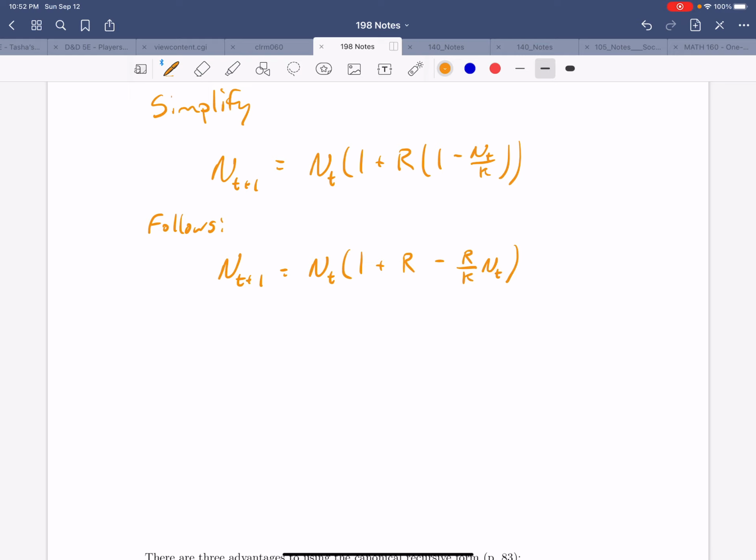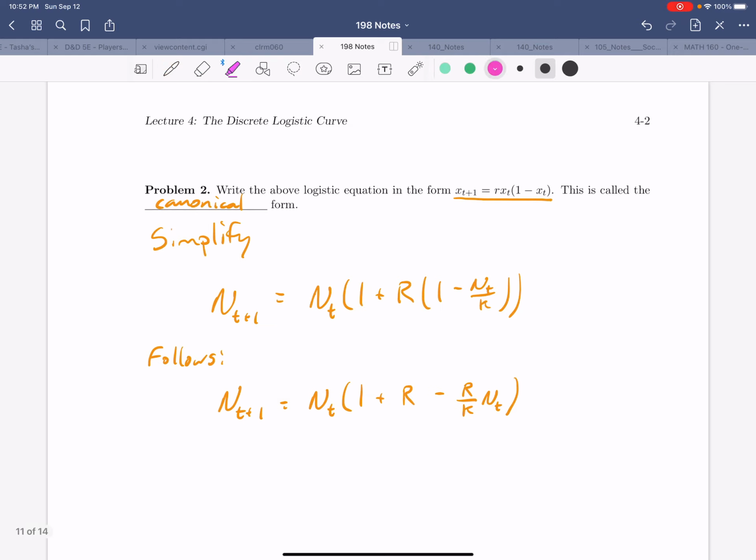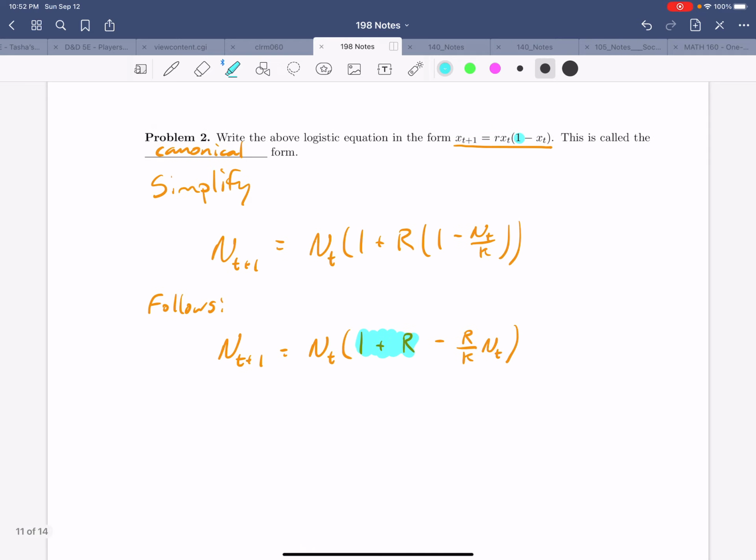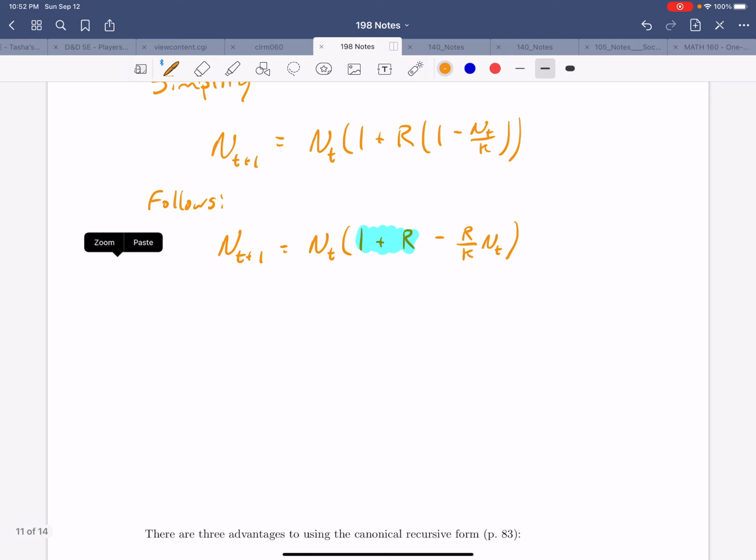Next up, I noticed that with the canonical form, I really want to have 1 in the parentheses, but instead I have 1 plus r as my constant, my non-N of t term. It might not look so nice, maybe it's a little counterintuitive, but I'm going to factor that out.